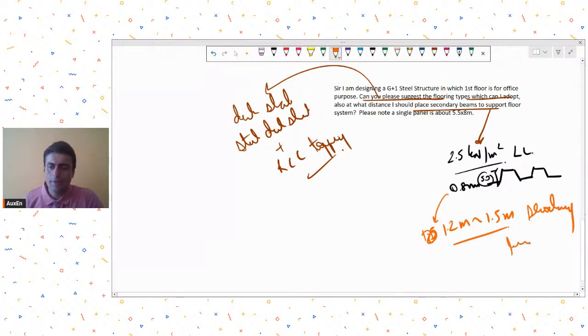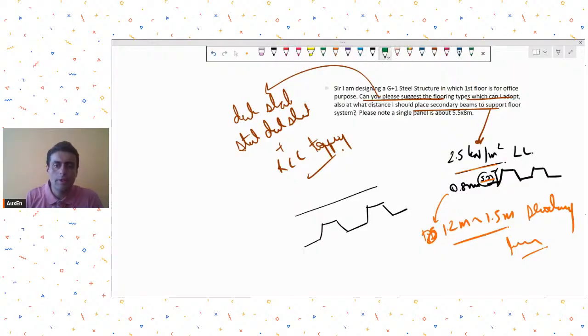secondary beams. So 50 crest height, 0.8 steel deck sheet thickness, assuming a usual live load of 2.5 kilonewton per meter square, the secondary beam spacing you can have around 1.2 to 1.5, and in this it will be, let's say, an average of 125 thickness total concrete slab.